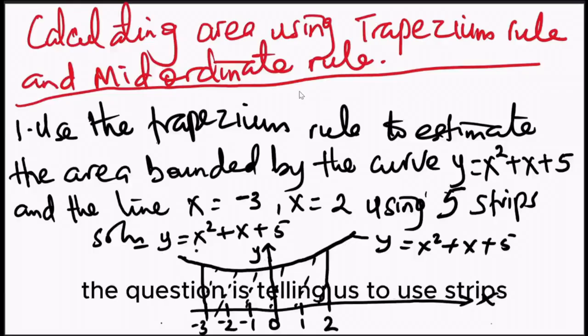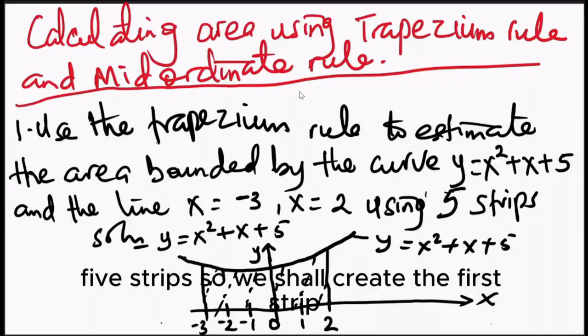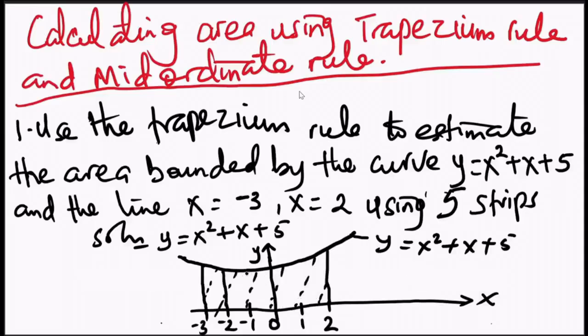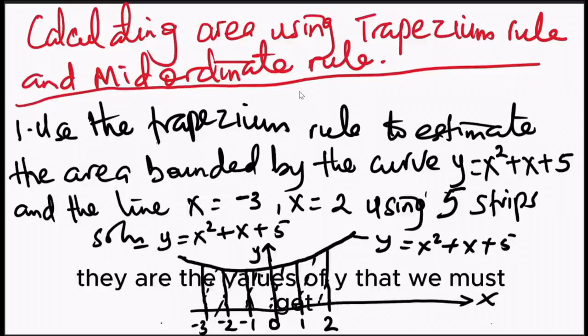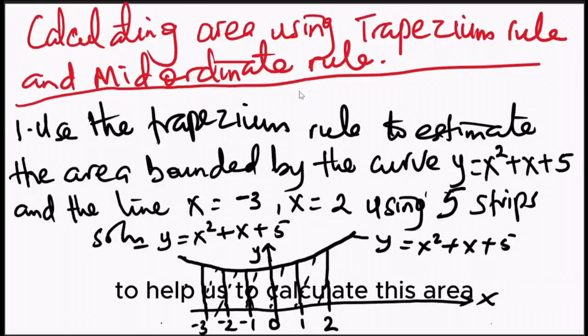The question is telling us to use 5 strips, so we create the first strip, second, third, fourth, and then the fifth. The vertical lines here are the y ordinates. They are the values of y that we must get to help us calculate this area.